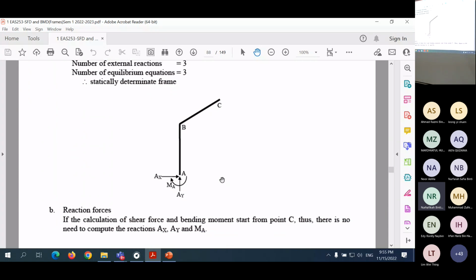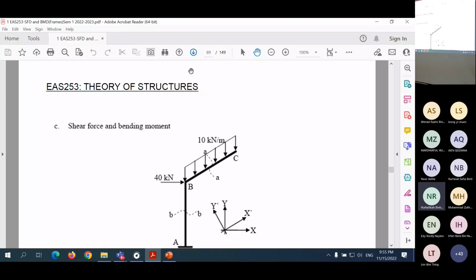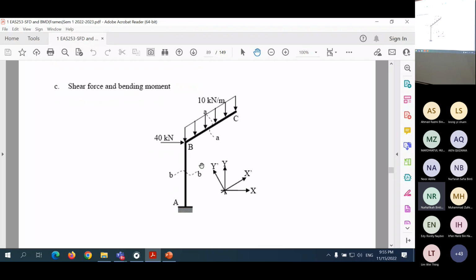Again, if we start from this C here, we don't need to calculate reaction forces. How many cuts? 2 times. We need to cut twice: once along member BC and once along member AB, which are section AA and section BB.